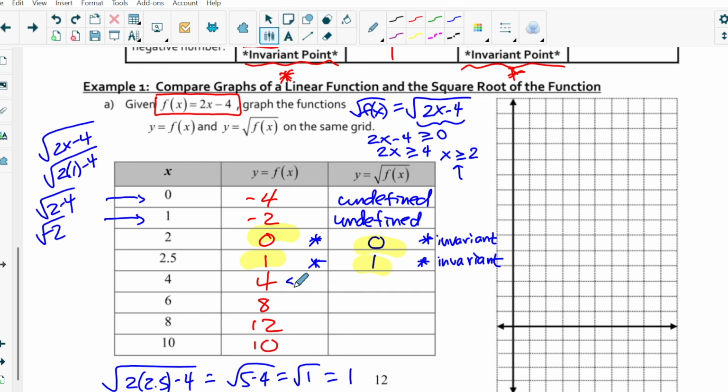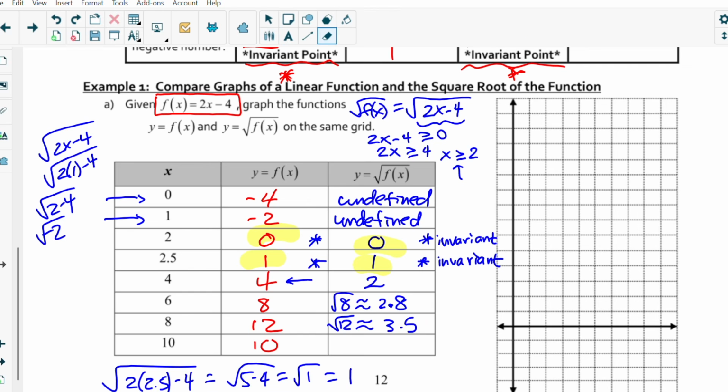If I think about this y value of 4, if I take the square root of 4, that is just 2. Let's take a shortcut here. 8, what's the square root of 8? Well, that's roughly 2.8. What's the square root of 12? Well, that's roughly 3.5.